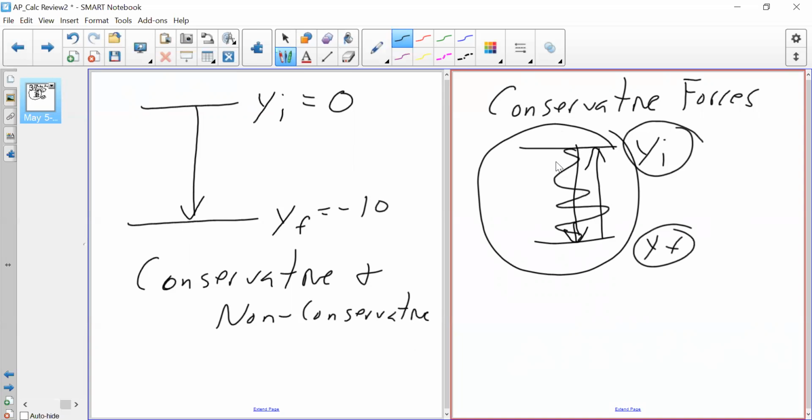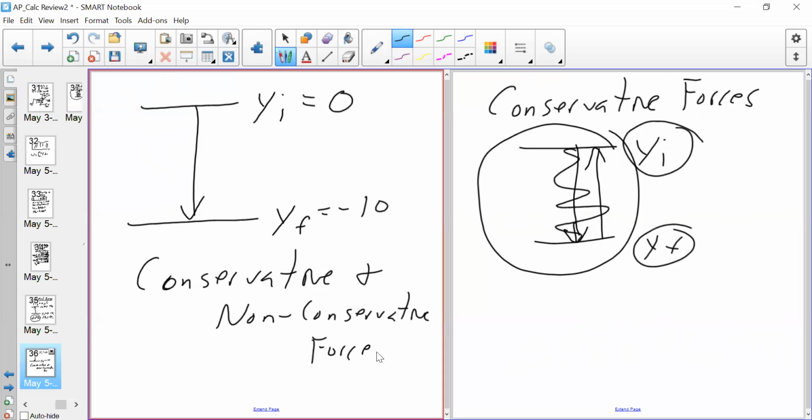And if we define any other 2 points and we make another closed path, that work will also be constant. Which goes back to our discussion of conservation principles, conservation of energy, conservation of momentum.